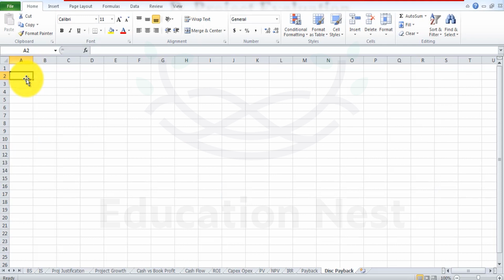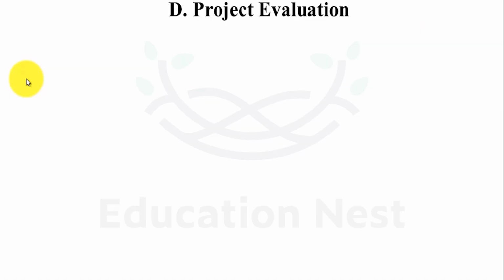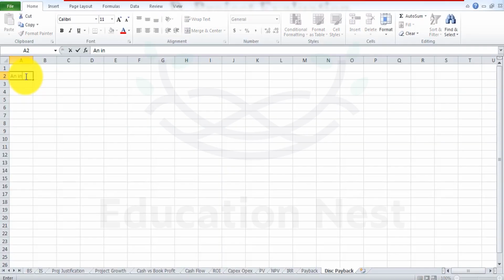So let us say an initial investment of $2,324,000 is expected to generate $600,000 per year for 6 years.